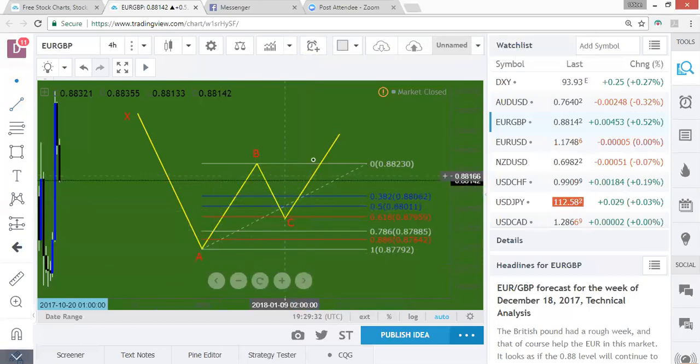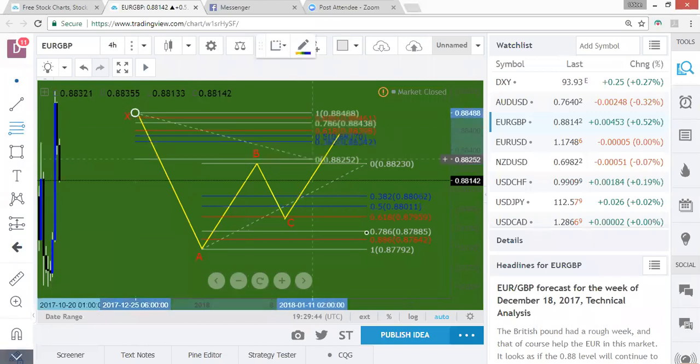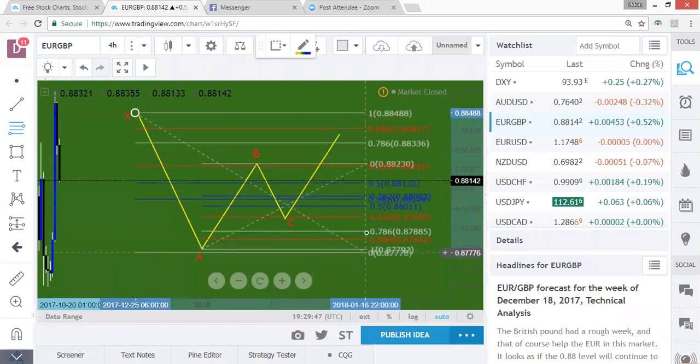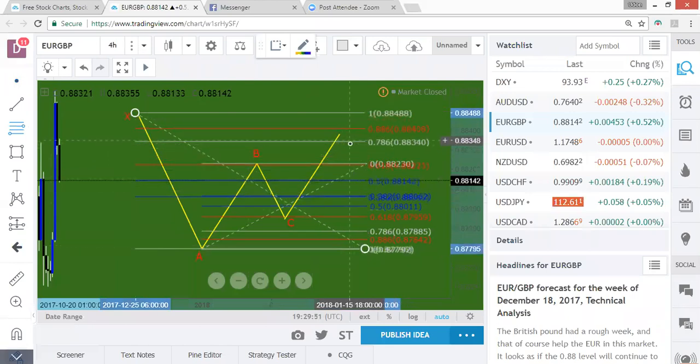Now, after we've made our AB equals CD projection, we're going to want to bring a Fibonacci retracement from X to A. We're looking for price to at least hit the 786 for our completion. And we can see that we go past the 786 just a little bit, which is fine.